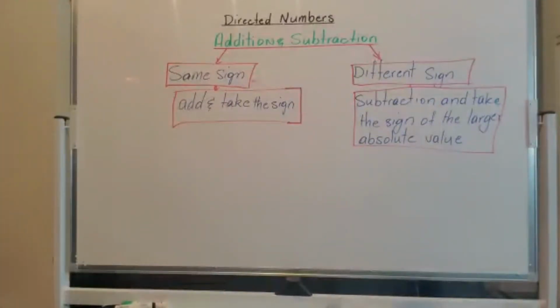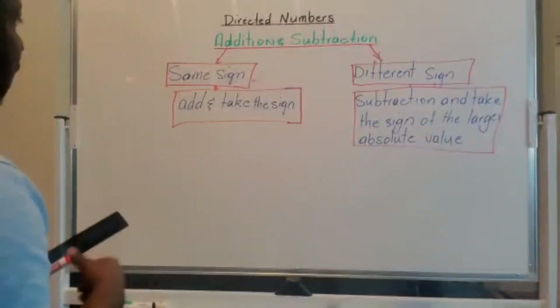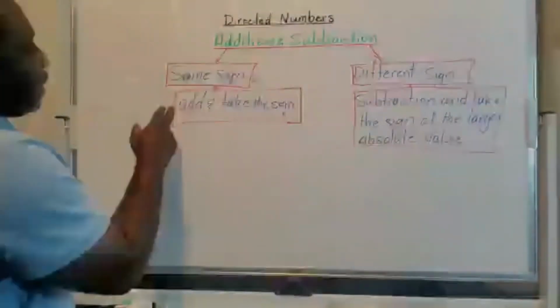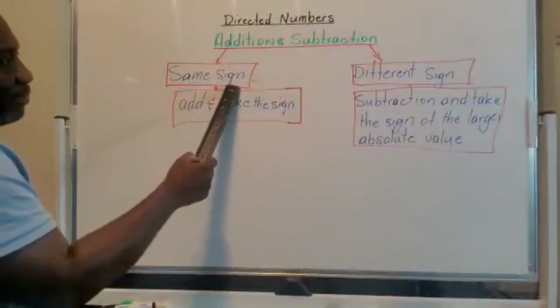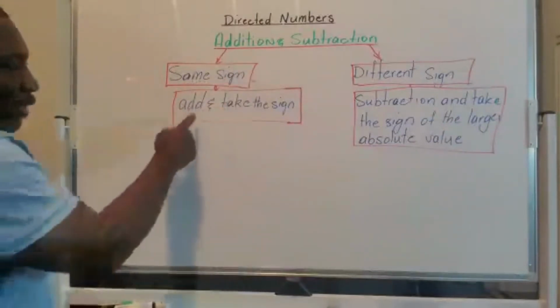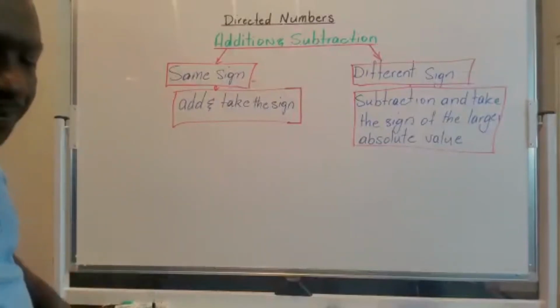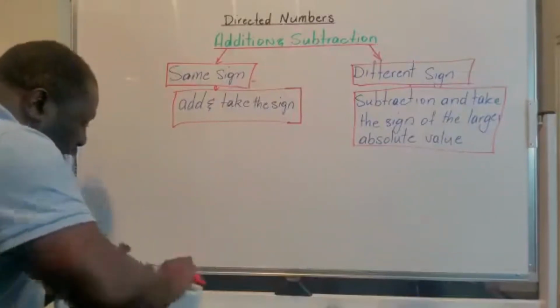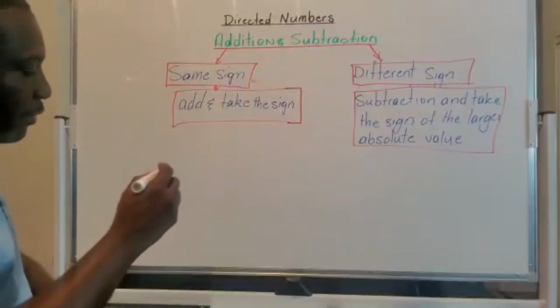positive numbers. Now I've used this diagram just to give us an explanation, whereas when we are working with the signs that are the same in addition and subtraction, it says that we are to add and take the sign. I'm going to be creating here, guys, an equation to reflect what is being said here.